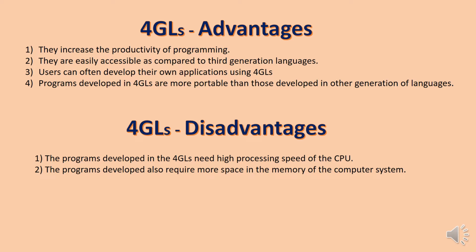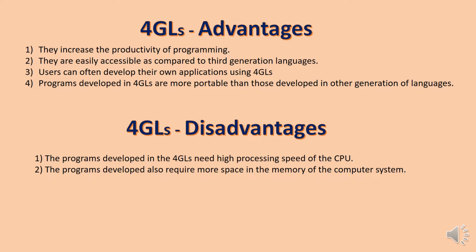They are easily accessible as compared to third generation languages. Users can often develop their own application using fourth generation languages because it is much easier than the third generation languages, because coding is much less than in third generation languages.